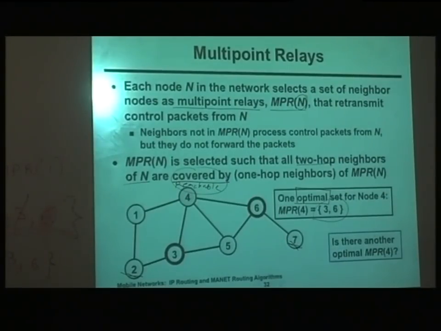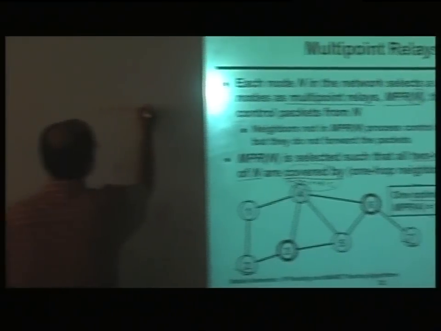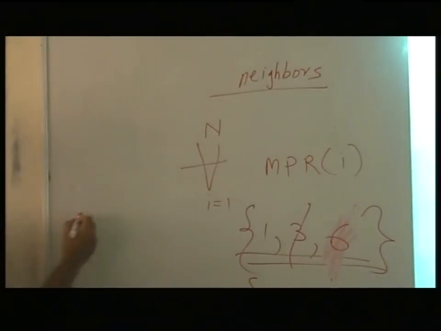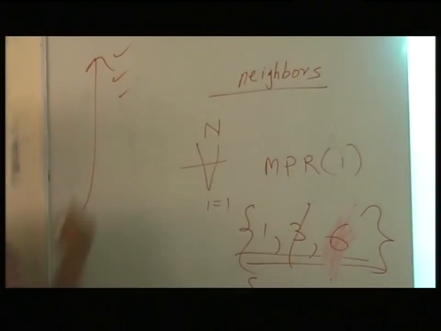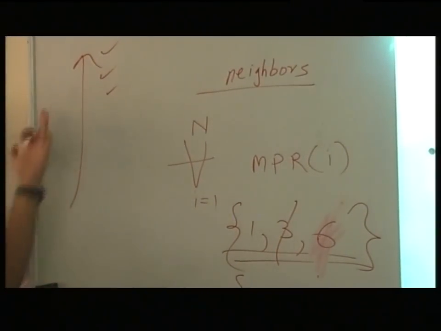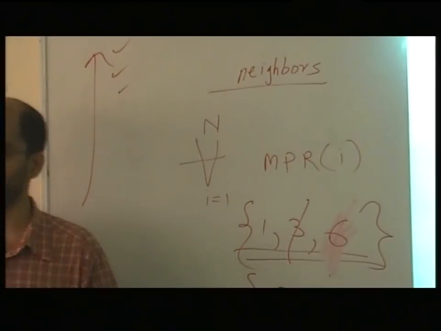How many neighbors? Where do you have this information about neighbors? If you go above, you always have this information about neighbors, so you have to come down. It's not the other way around. So layer 3, layer 4, everybody can easily get this information.